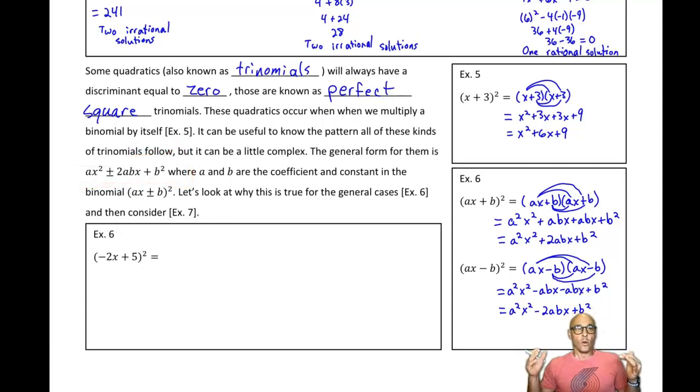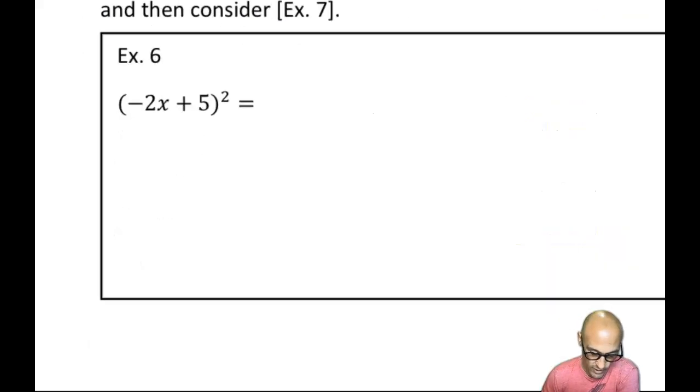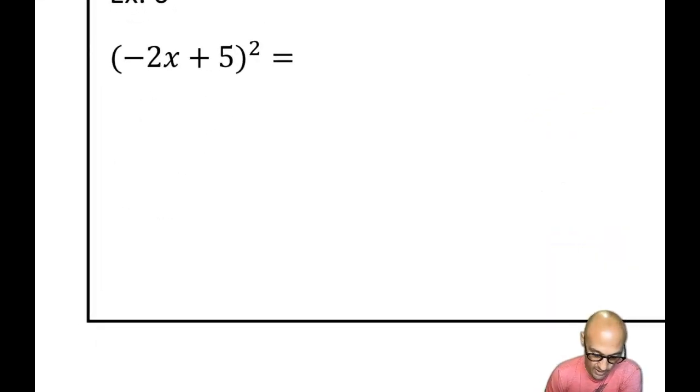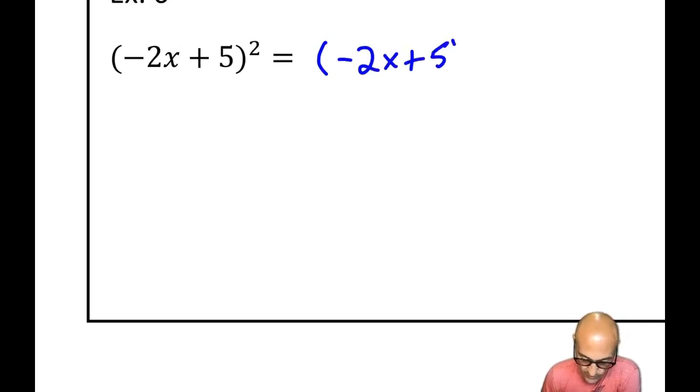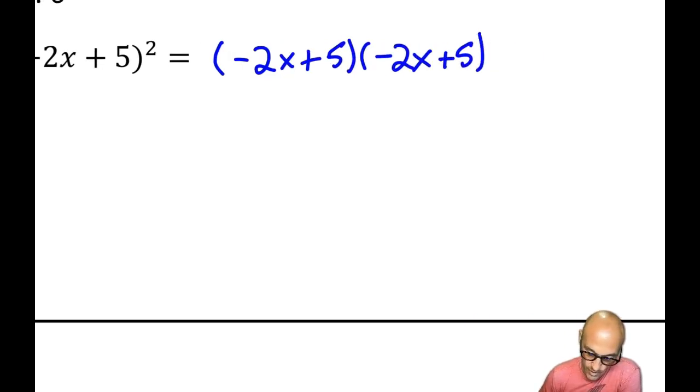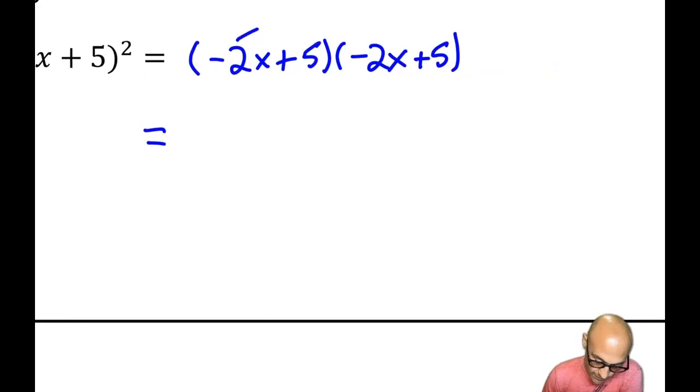So let's look at a real example now, with numbers for the coefficient and the constant a and b. We have the quantity negative 2x plus 5 times the quantity negative 2x plus 5. And we're going to FOIL. Firsts, negative 2x times negative 2x is positive 4x squared.